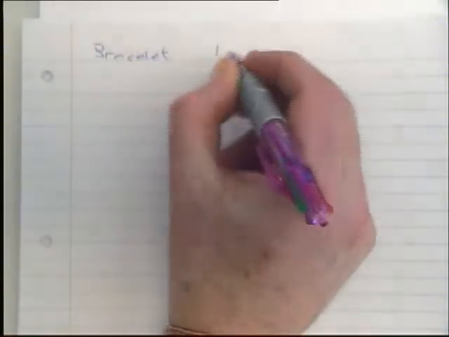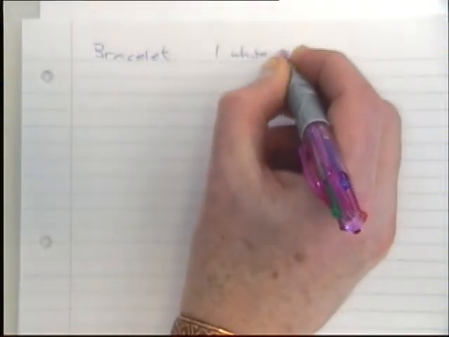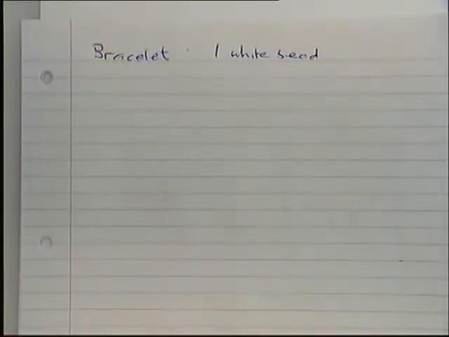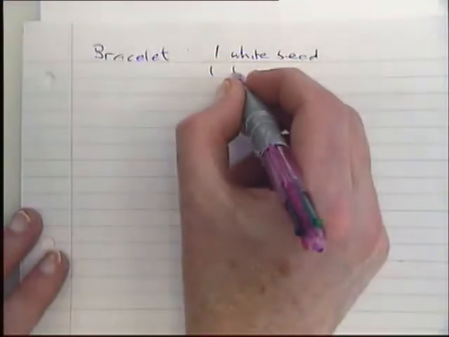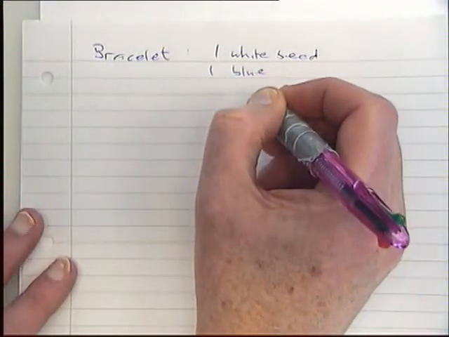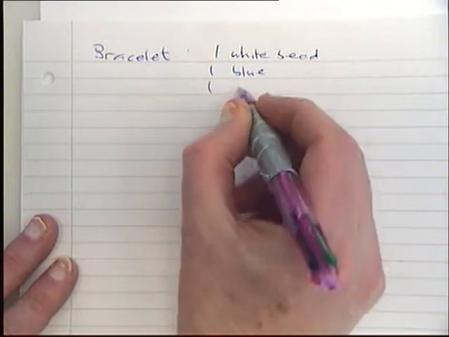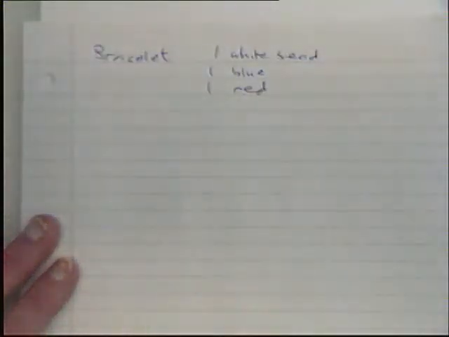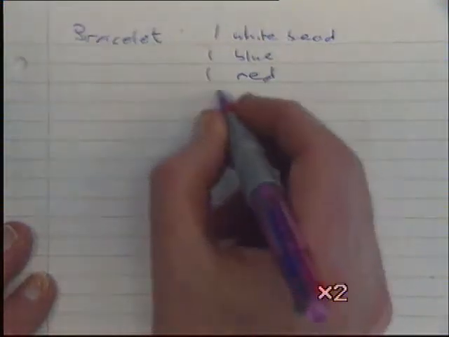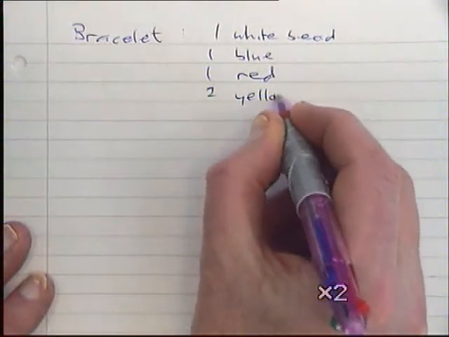Right, so on this bracelet we have one white bead, and we have one blue bead, and we have one red bead, and we also have two yellow beads.